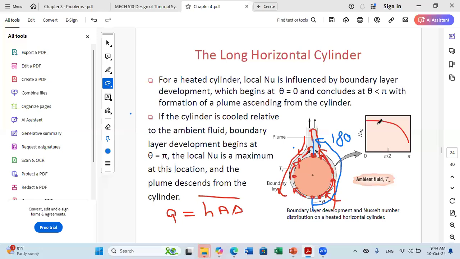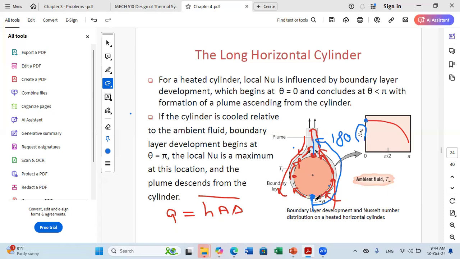Now let us do some analysis. Nusselt is maximum at 0, because you have the maximum temperature difference at this level. Here you have a very thin boundary layer, so the variation of temperature will take place in a very small thickness, and this corresponds to a high value of Nusselt.